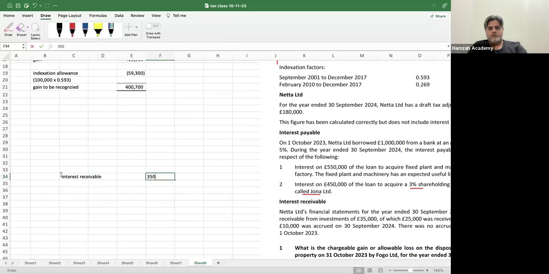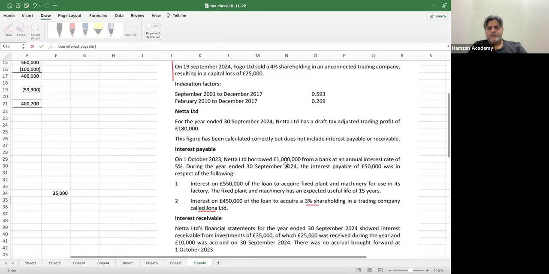This is going to be 35,000, and then loan interest payable. We have a 1 million loan, which is at 5%. Interest payable of 50,000 was in respect of the following.